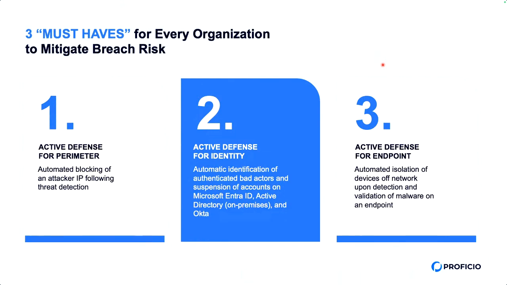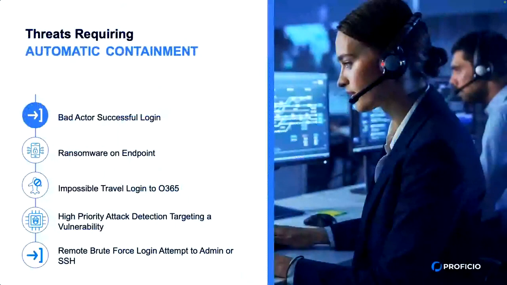Also, active defense for identity, to automatically identify compromised identities and suspend that identity from being active. And also active defense for endpoint, where we can isolate the endpoint from being active in the network and then remediate it.